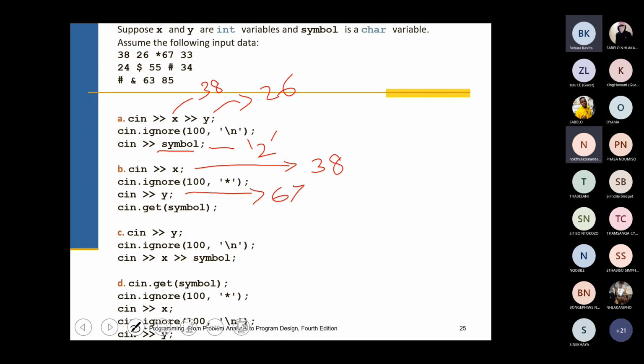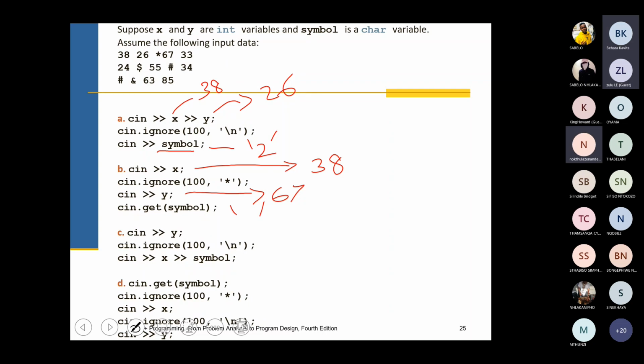What will be the value of symbol? 3, space, character, space. It's a character. Am I clear? Yes. Symbol is a character, so include space.